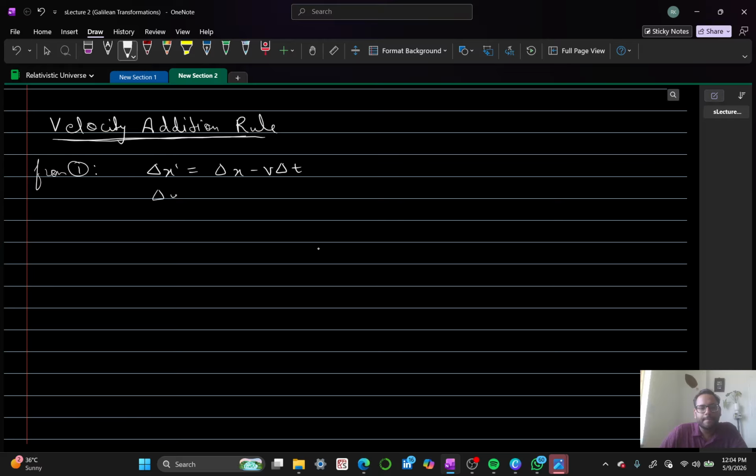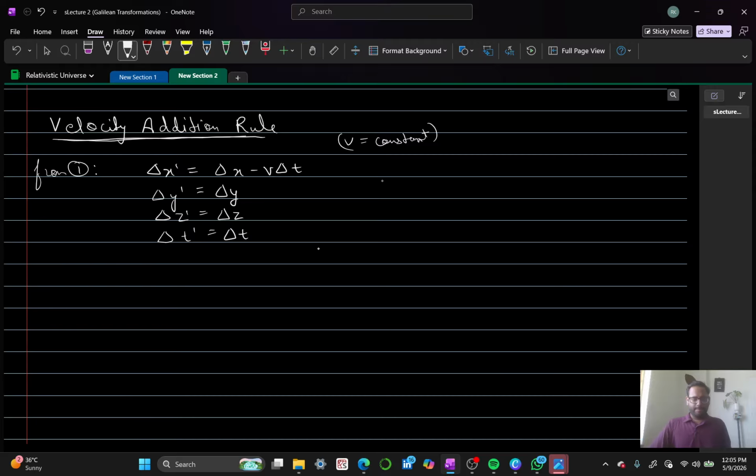Why is v constant? Why is it not variable? Explain. I have told you before this. Why is the velocity of the S prime frame constant?